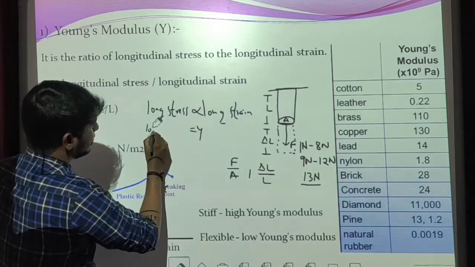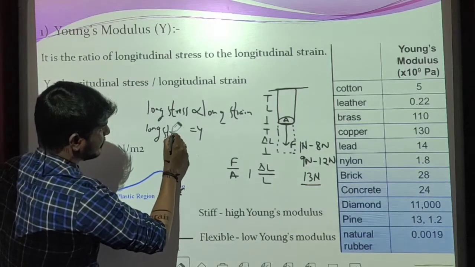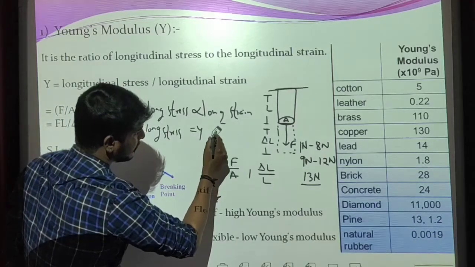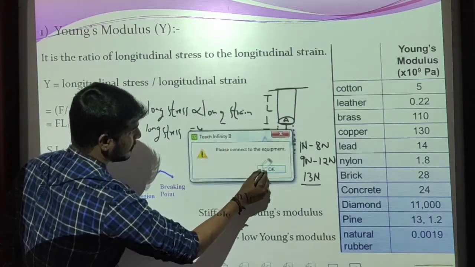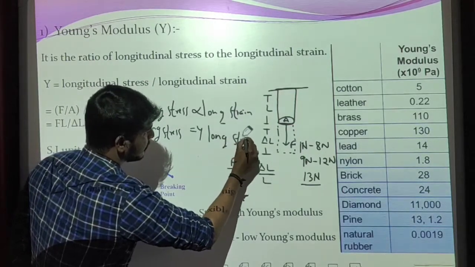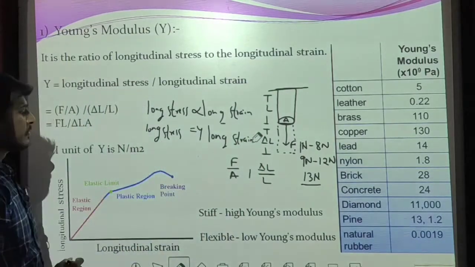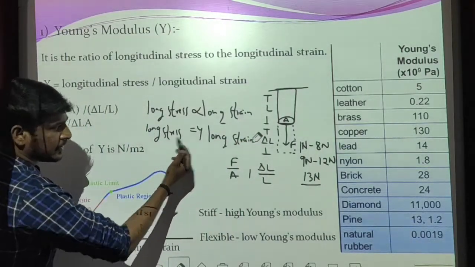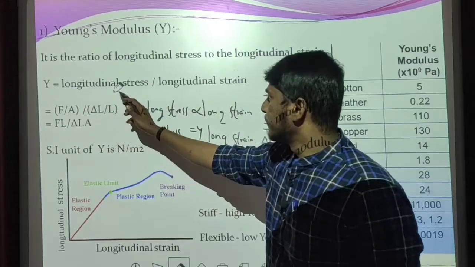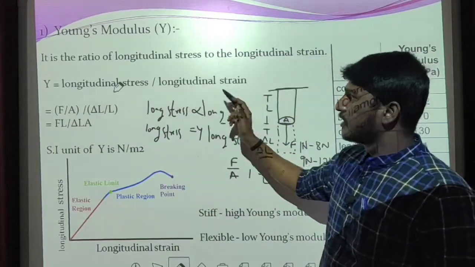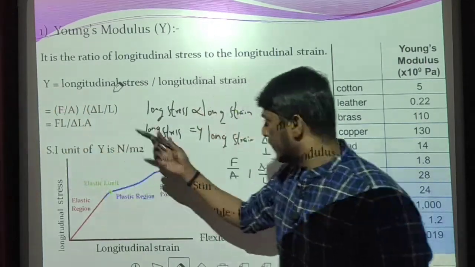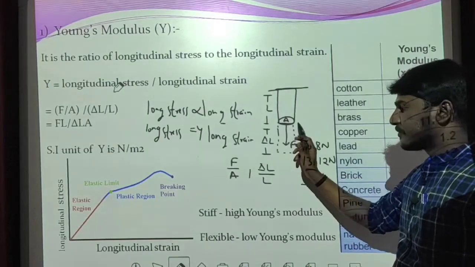Longitudinal stress is equal to Y into longitudinal strain. Interchanging these terms, we get Y is equal to longitudinal stress by longitudinal strain, where Y is the Young's modulus, the proportionality constant when we apply force normally on the surface.